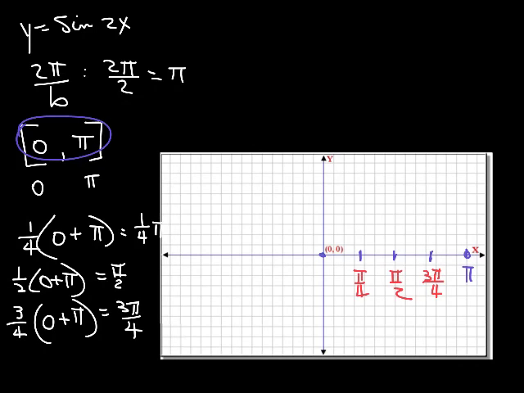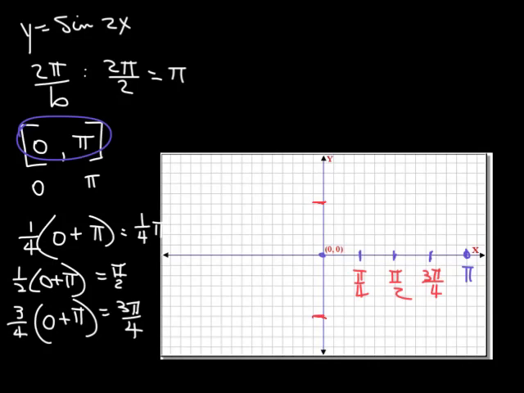So those are going to be my maximum points. My quarter and 3/4 are always going to be my maximum and minimum points. My halfway mark, my beginning and end are going to be where I cross the x-axis. So in this particular one, I don't have a number here in front of my sine, so I know that my amplitude is 1. So that makes it pretty easy to draw this.